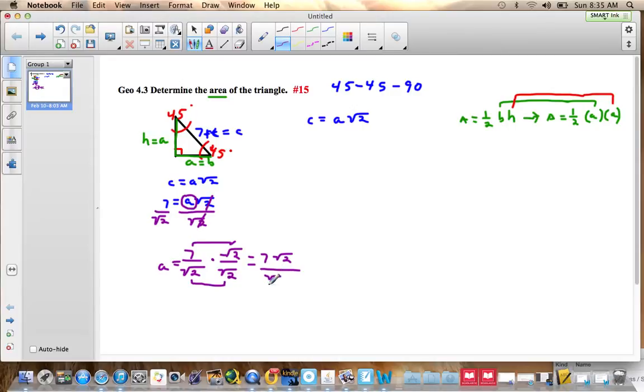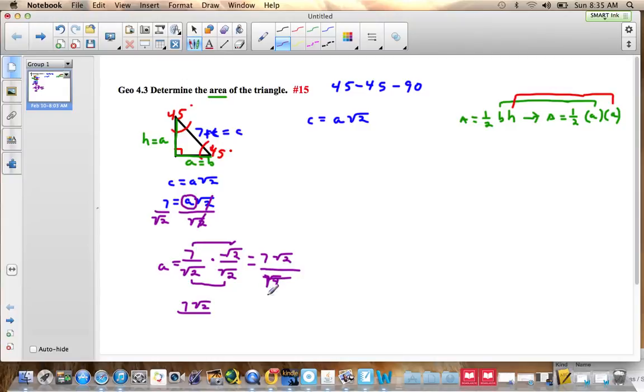So I have to see if I can simplify this any further. 7 times the square root of 2 over, and when I look at my square root of 4, I know what times itself equals 4.